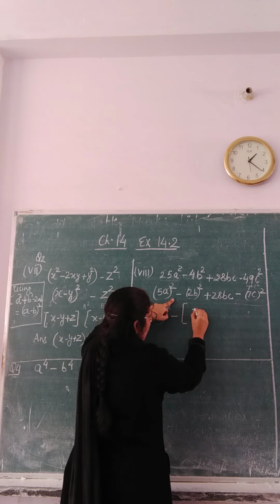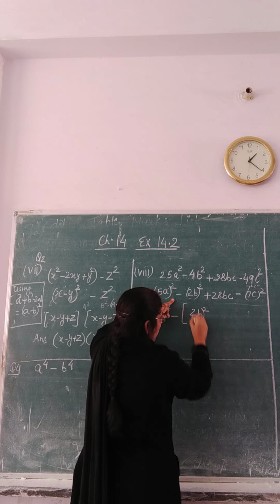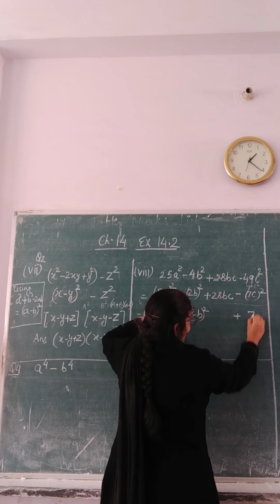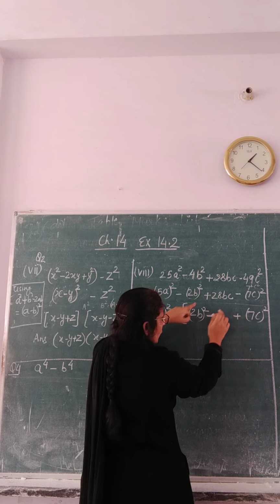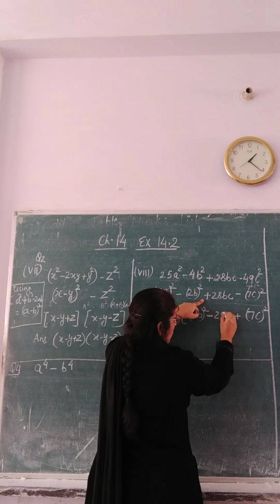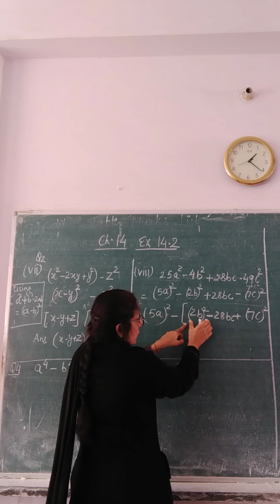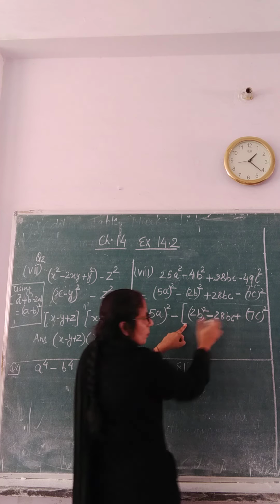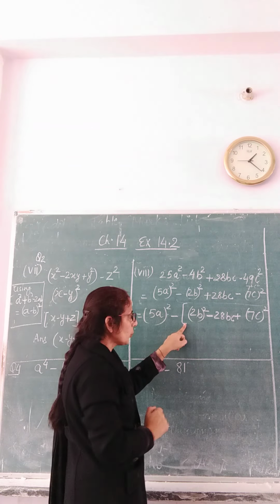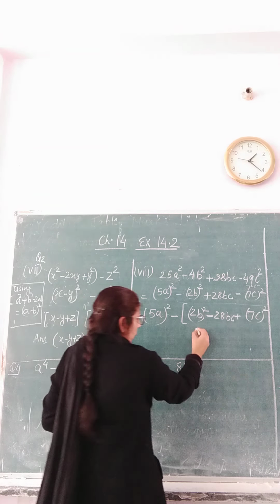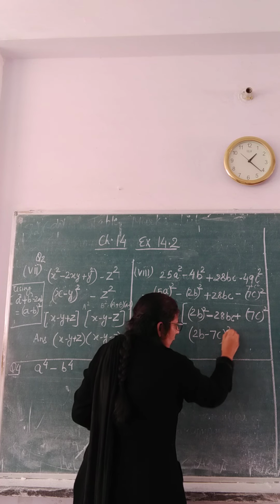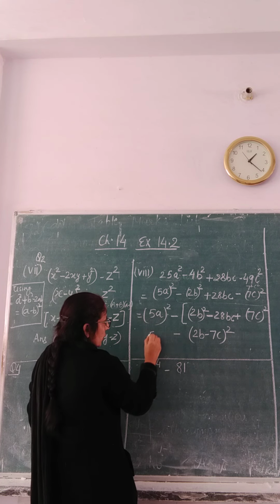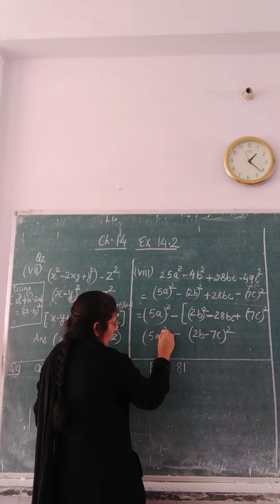So it will be 2b whole square plus 7c whole square minus 28bc. This is a square plus b square minus 2ab, so it will be equal to a minus b whole square. This will be 2b minus 7c whole square, and the other term is 5a whole square.